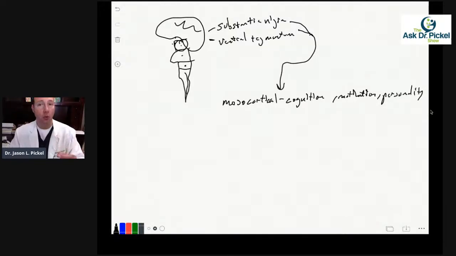So if this area is not working right, what's going to happen? Yeah, my focus, my concentration, my ADD, ADHD symptoms are worsened. My motivation's low. My personality is really kind of flat. There's not much there. I can't communicate with people.